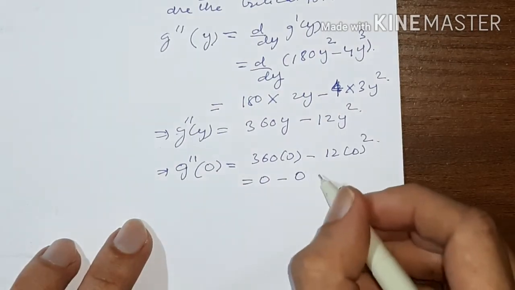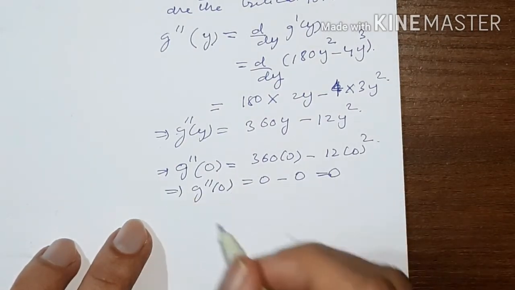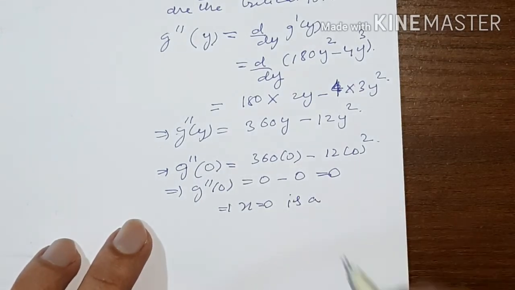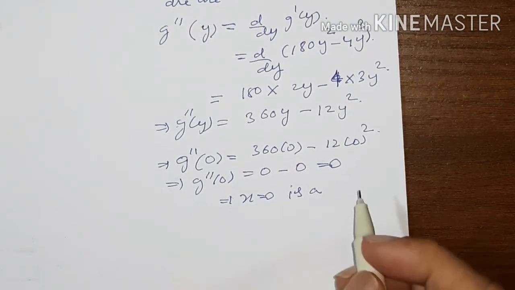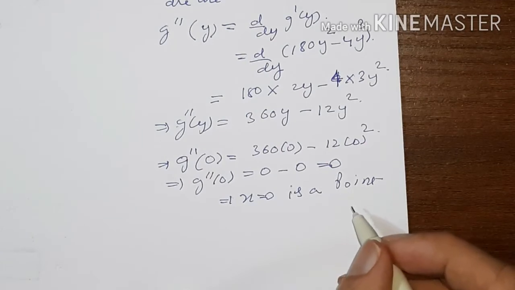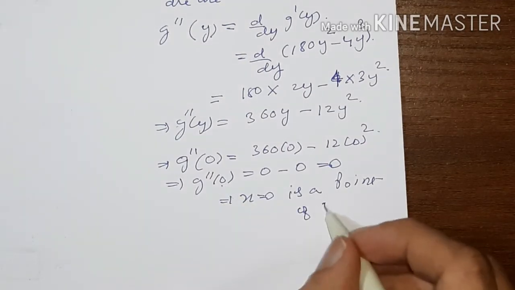So 0 minus 0 you will get, which is 0. So g double prime of 0 is 0. That means y equal to 0 is a point of inflection. When you get the double derivative also as 0 at the point, then the point is called a point of inflection.